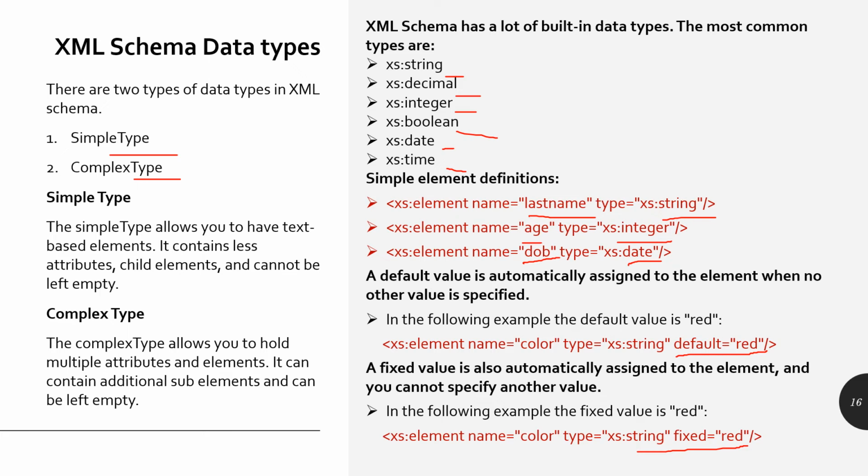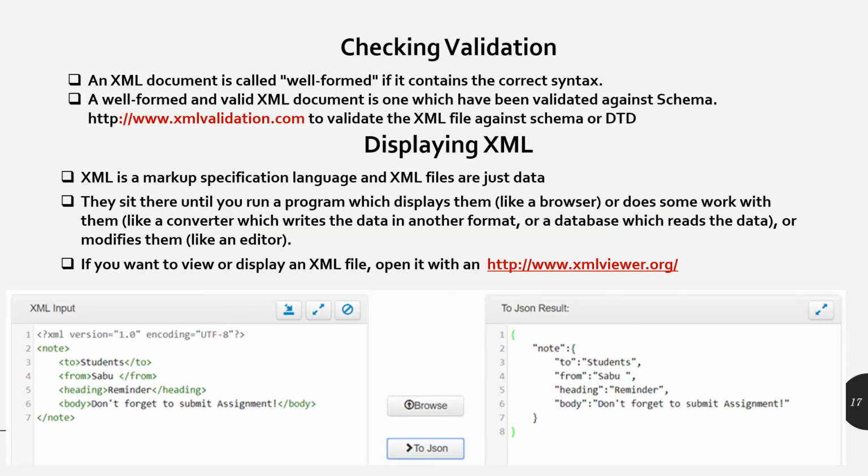The thing is, a default value means we can alter the value, whereas if you fix the value, it cannot be changed. That is about XML schema data types. Now we are going to discuss checking of validation.